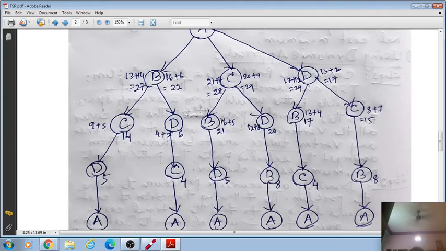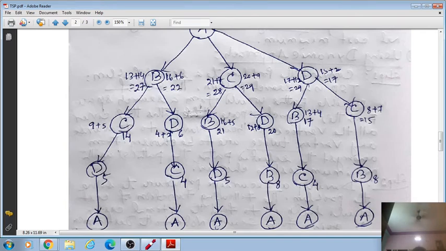Then from A to D, there are two paths: either go to B or go to C. If you go to B, one more path exists, that is C, then return to home. And if it goes to C, then it will go to B, then return.